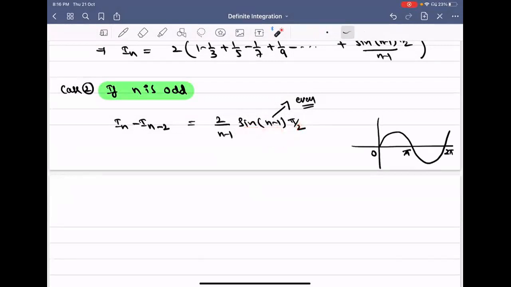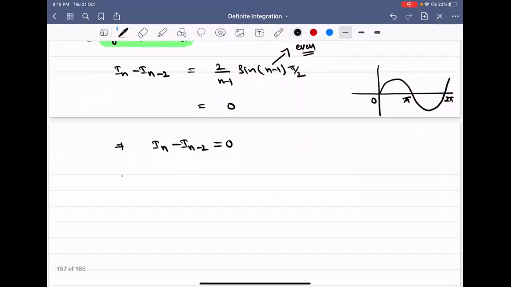Sine of integral multiples of pi is 0. Therefore this value is equal to 0. That implies I_n minus I_{n-2} equals 0. This implies I_n is equal to I_{n-2}.